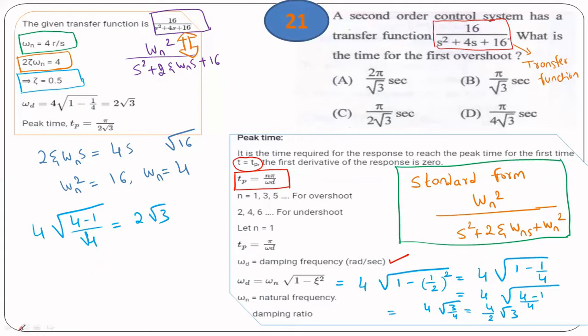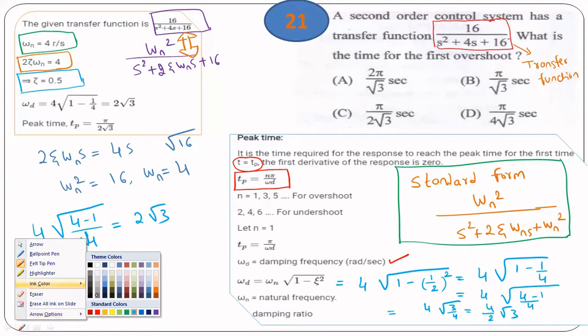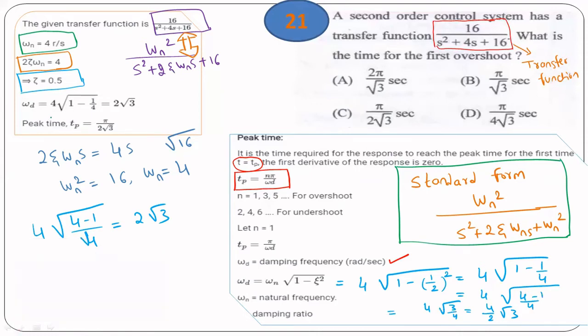Now, if we know that omega d is equal to 2 root 3, then what has to be calculated? Tp, which is n pi divided by omega d. Since we are calculating for the first overshoot, n will be equal to 1.